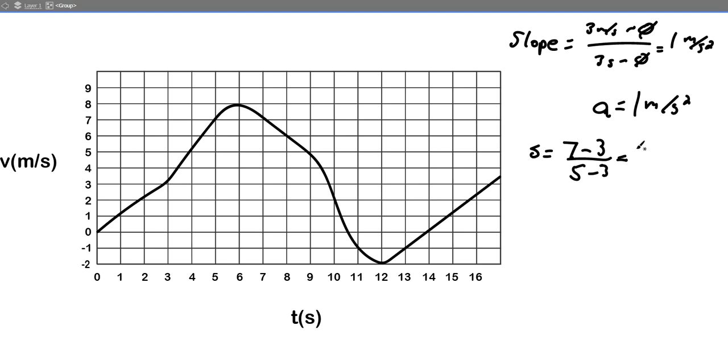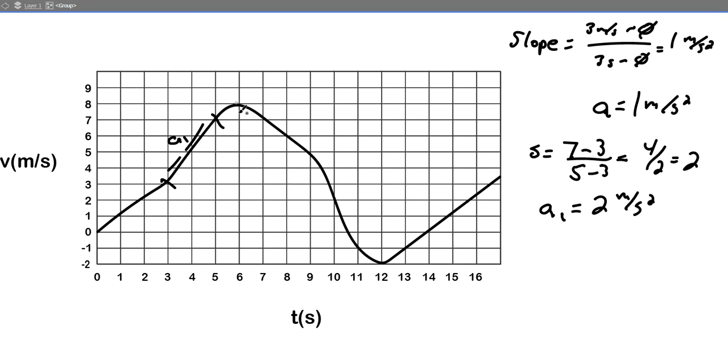We've got 4 over 2, or a slope of 2. Our acceleration equals our slope, so our acceleration over this period, we'll call it A1, equals 2 meters per second squared.